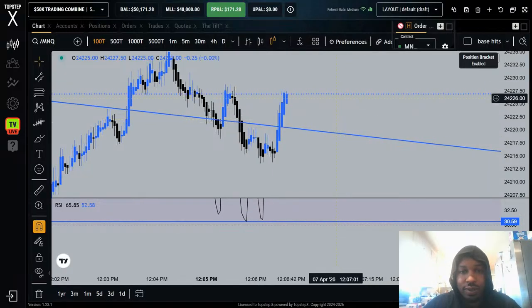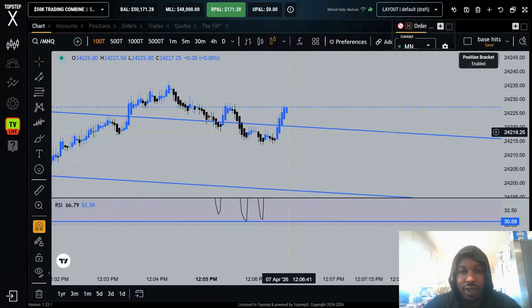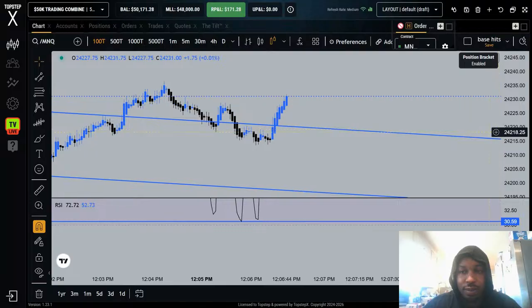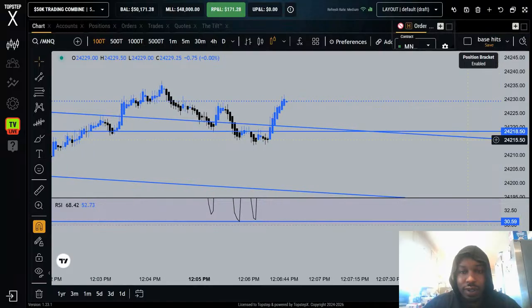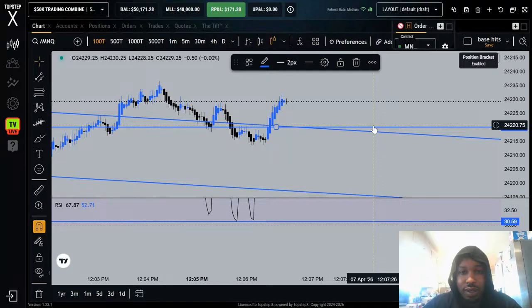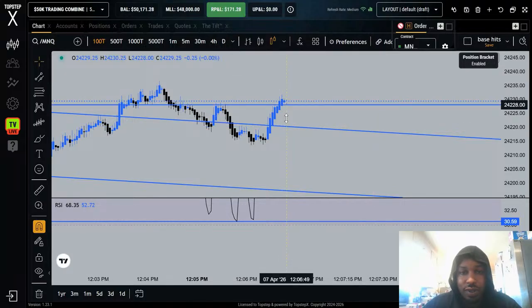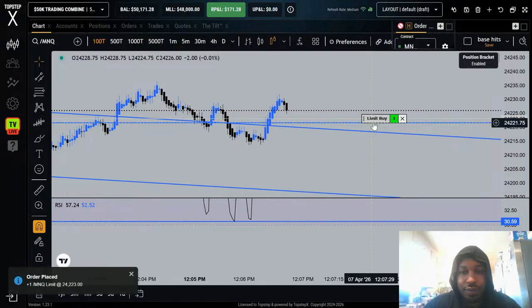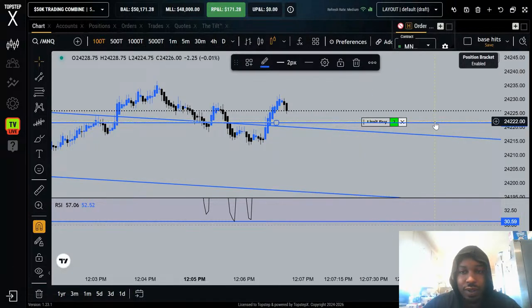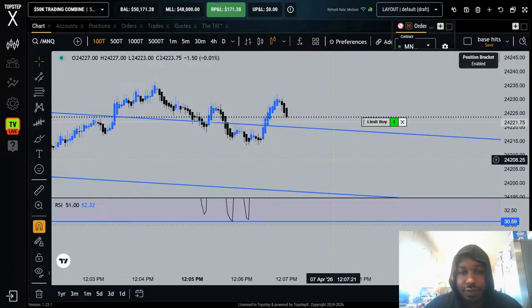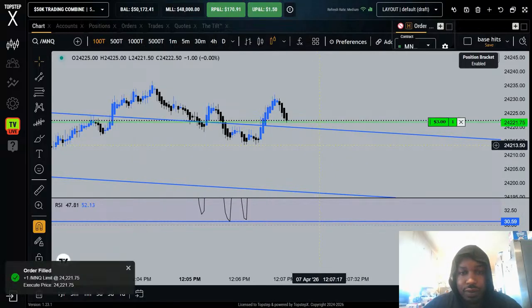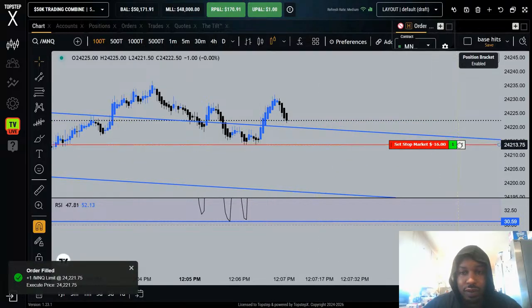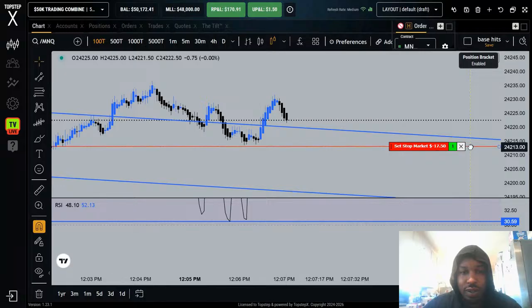Gotta be quicker than that. Oh man, I wanted to buy. I wanted to buy it like right here, at least right there. Let's see if I can get that. Right there. Put my stop loss right here.